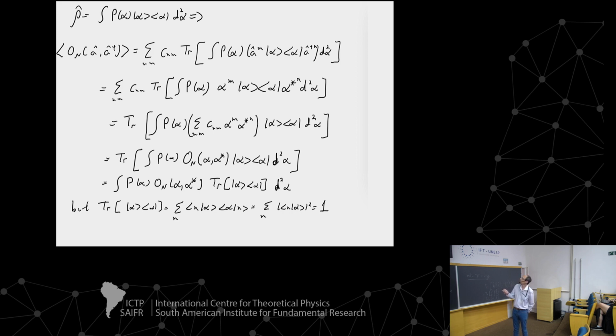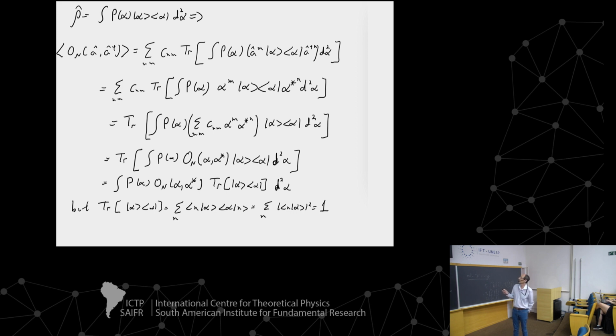It becomes clear now that we can make use of the eigenvalue of the annihilation operator, and what we have here is a complex number, alpha, taken to the nth power.